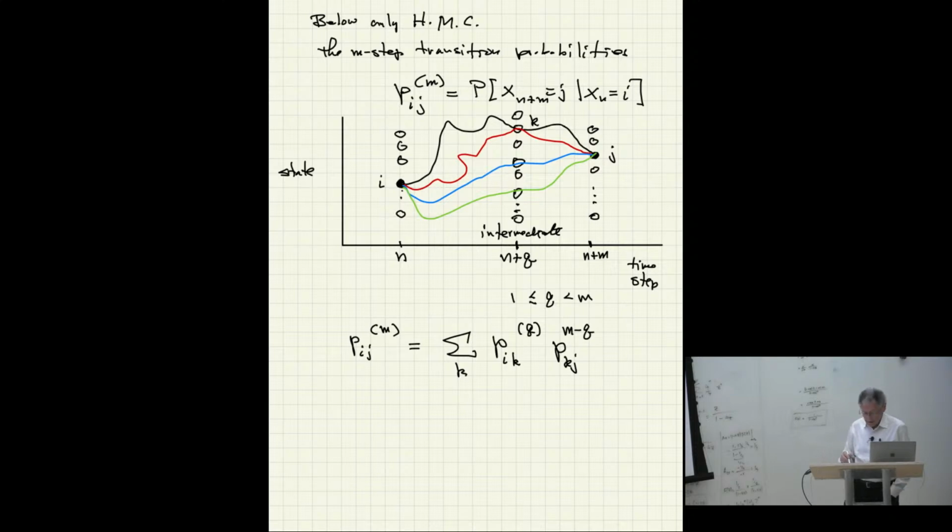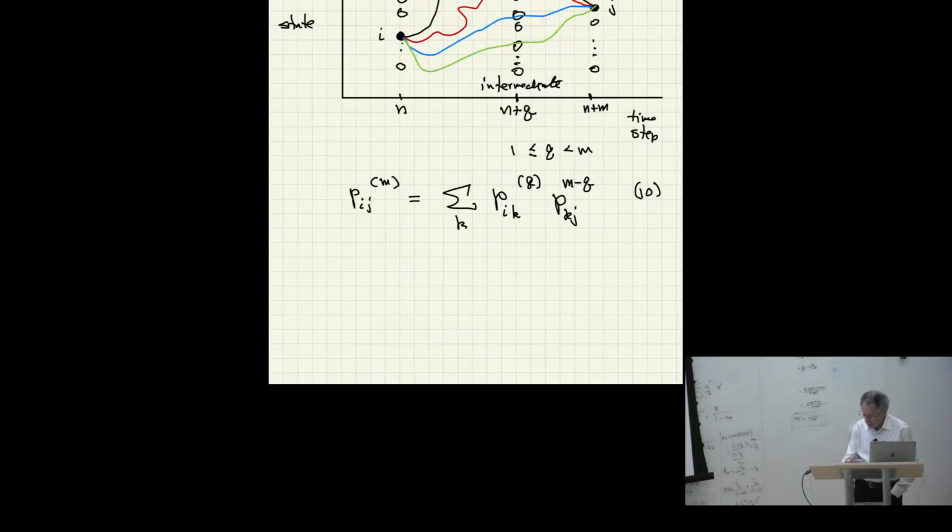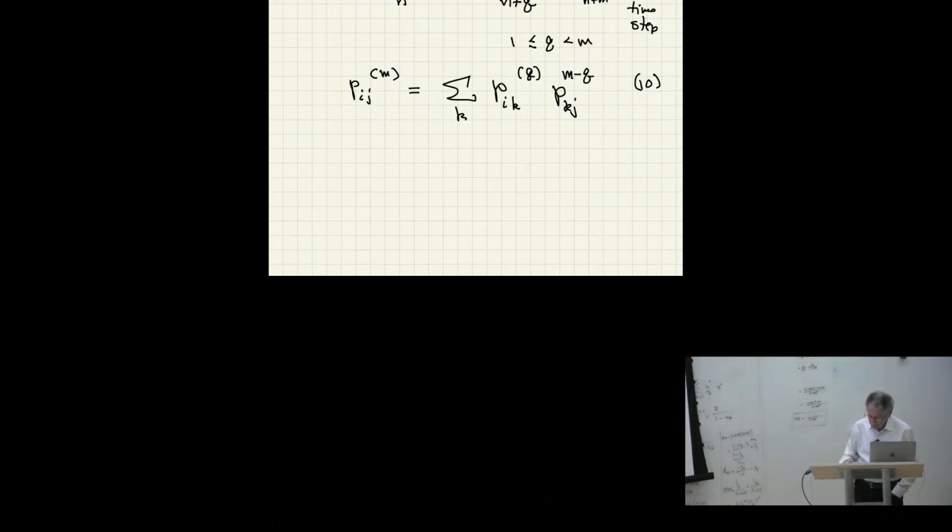This is basically a stochastic process going to some place. Now I'm going to give an equation number to this. I'm going to call it equation 10. We may or may not refer to it later, but it's important, and it has a name.